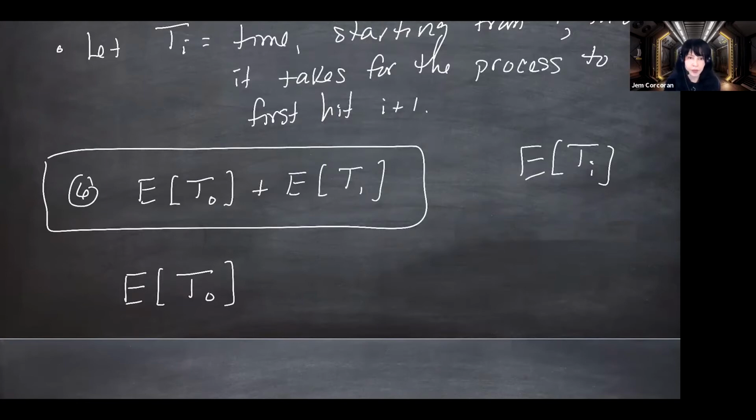We showed that birth and death processes, or more generally, continuous time processes on discrete state spaces, must have exponential inter-event times. And so we have to wait an exponential amount of time with rate lambda 0, which would make the time 1 over lambda 0. So T0 is the time we jump up to 1, and this is exponential with rate lambda 0. And so this is the mean of that exponential.